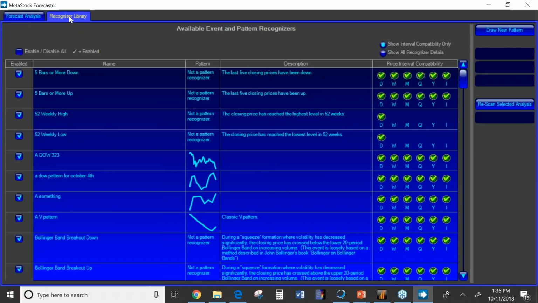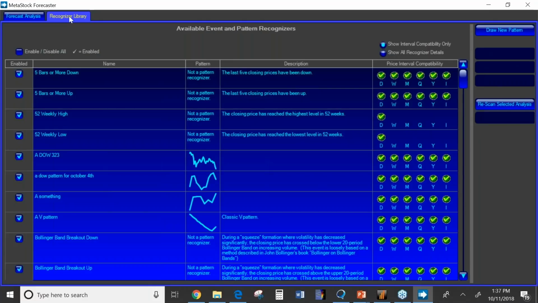I want to talk a little bit, as we get started, about what we're looking at in the forecaster. The way I like to explain this is to compare it to system testing. With system testing, when you get an event, like a MACD buy signal or a MACD sell signal, you ask, what would happen if I bought when this happened, and if I sold when this happened?